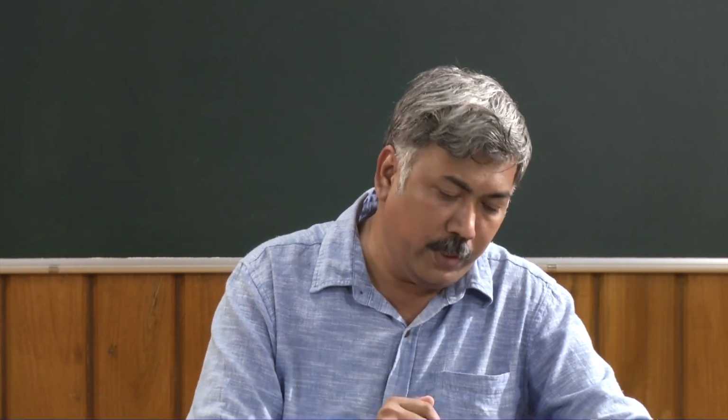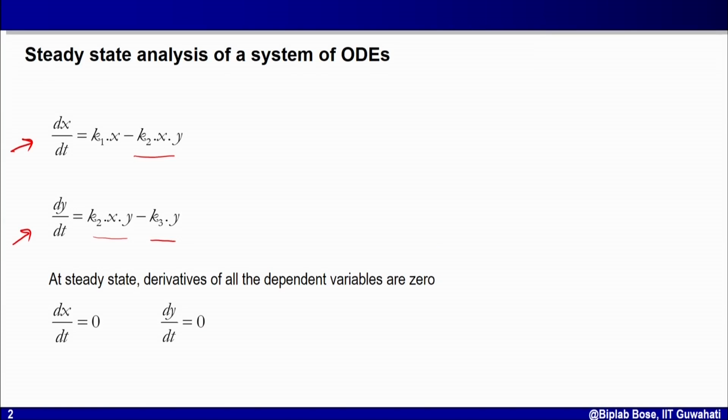So I have two derivatives, dx/dt and dy/dt. Steady state is achieved when dx/dt is 0 and dy/dt is also 0. So at steady state, derivatives of all the dependent variables are simultaneously 0.